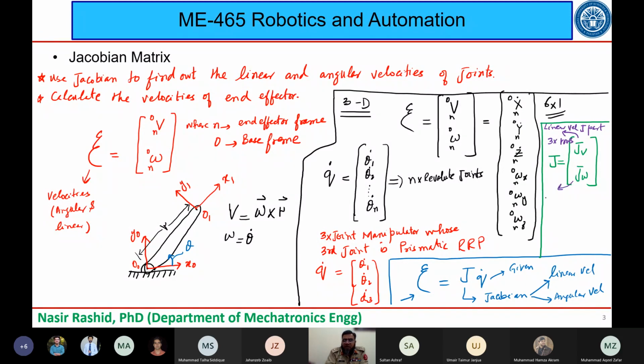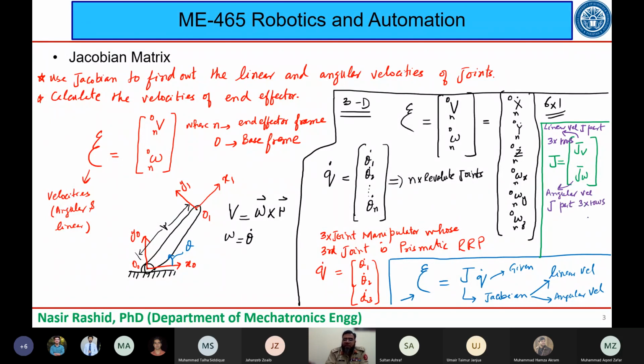And this is angular velocity Jacobian part, and again it will have 3 rows.